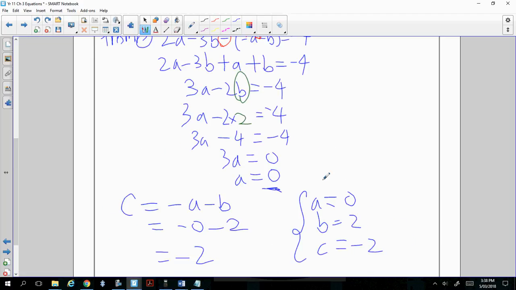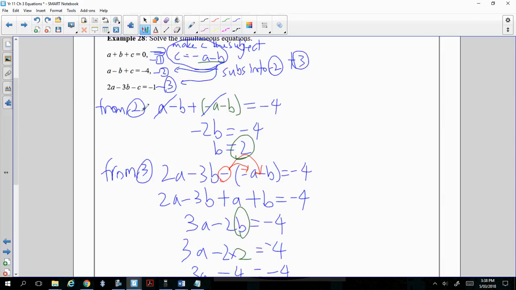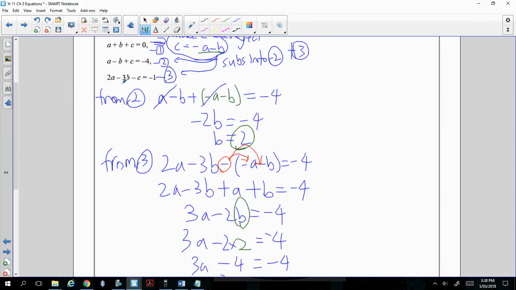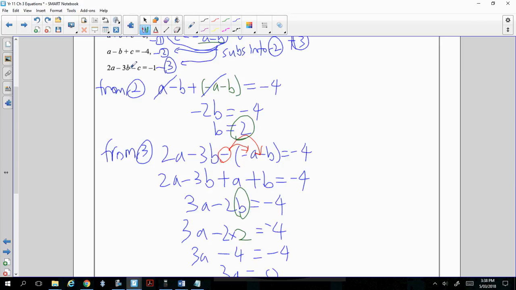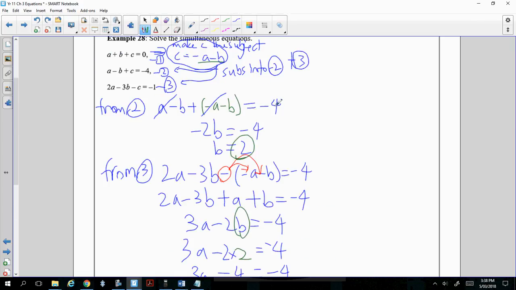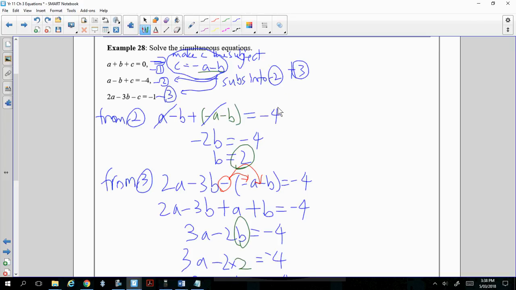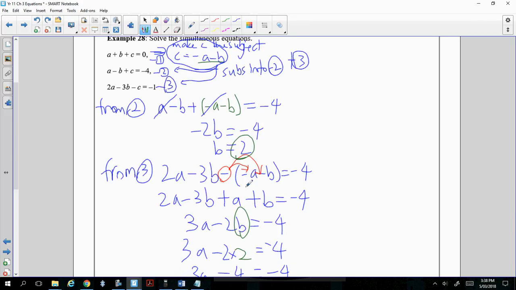Okay, now, does that work? Let's check whether it works for the second one: 0, 2, and minus 2. That works. And the next one: 0, 2, 6, negative 2. Ooh, I think I made a mistake somewhere. I think it's minus a minus b, minus a minus b.